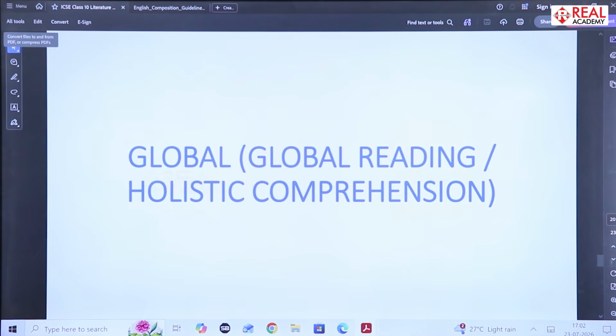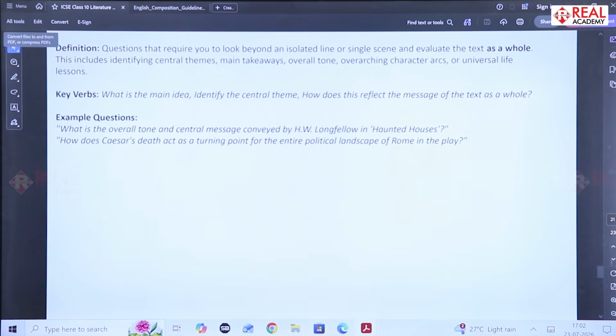The last part will be global reading, holistic comprehension. These are questions that require you to look beyond an isolated line or single scene and evaluate the text as a whole. This includes identifying central themes, main takeaways, overall tone, overarching character arcs, or universal life lessons.